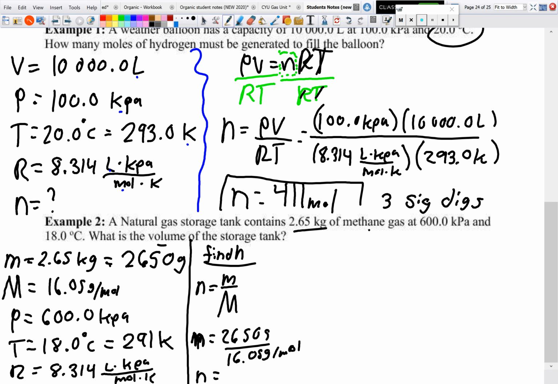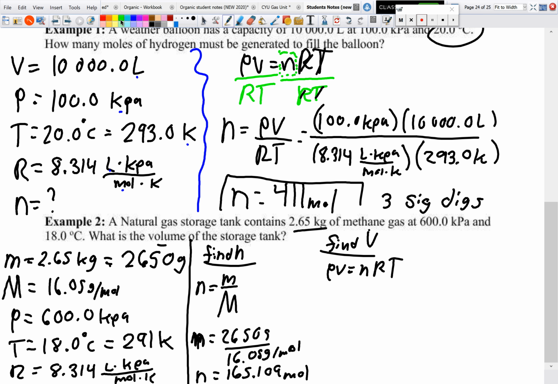And we're left with number of moles equal to 165.109 moles. That's fine. And of course, our second step, PV is equal to nRT, and we're solving for volume.